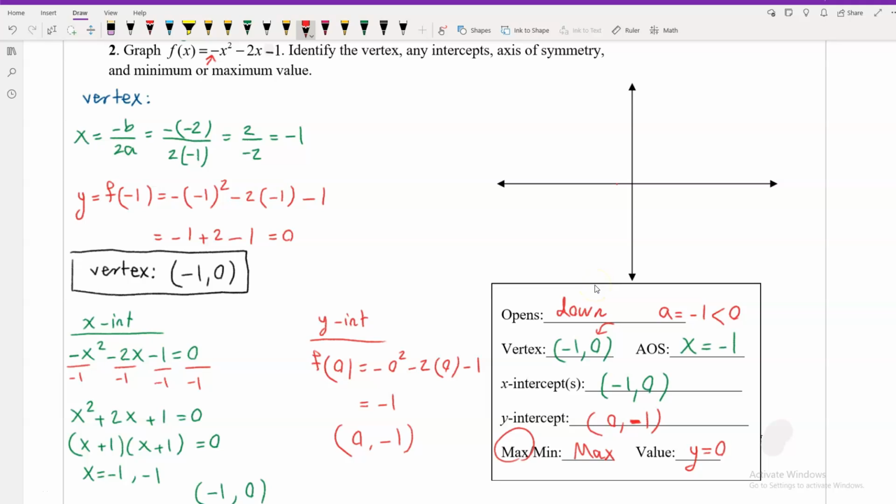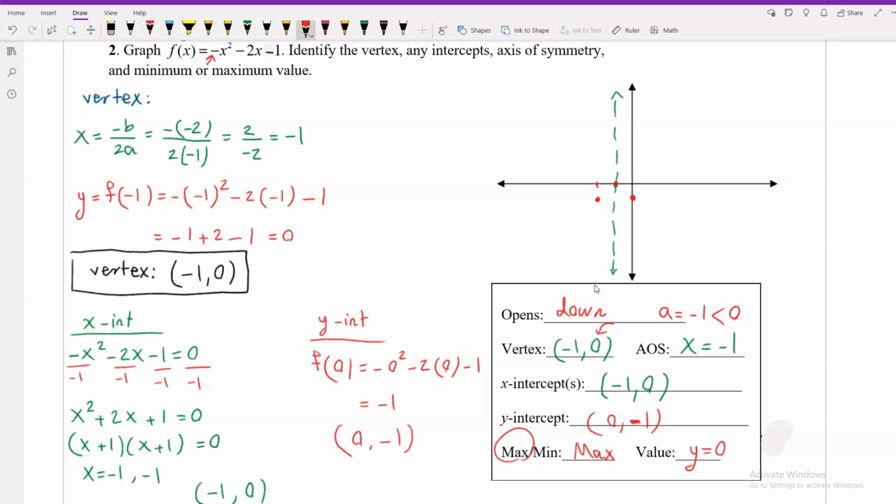Now graphing, the vertex is negative 1, 0. The x-intercept again is negative 1, 0 because this is where our graph crosses the x-axis. And then the y-intercept 0, negative 1. So I only have these 2 points, but I know that this is the vertex and we're going to have the axis of symmetry crossing this point. And based on the axis of symmetry, using this point that we have, we can mirror that to the other side of the axis of symmetry.